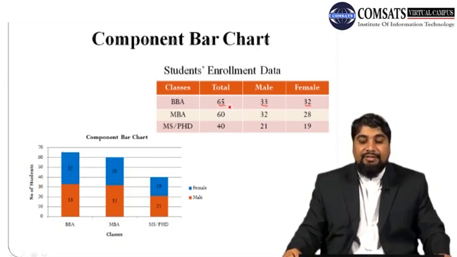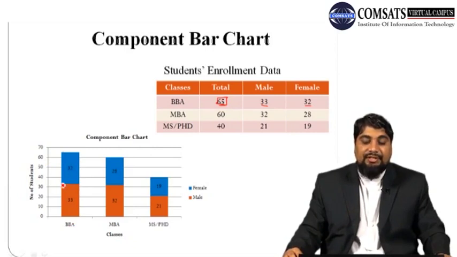Or alternatively, you can construct one bar of length 65 units. 65 is the total strength, and then we can subdivide this complete bar into two portions.